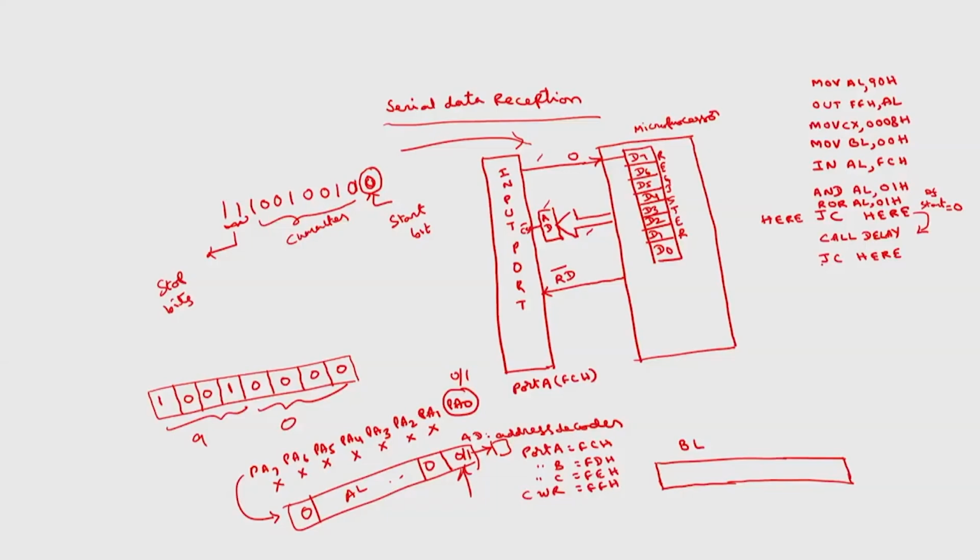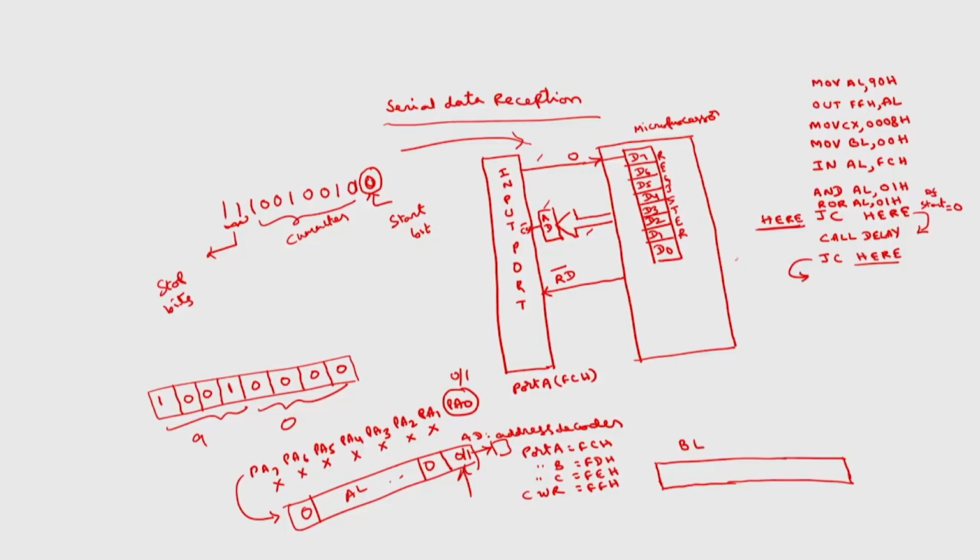If it is not 0, jump on carry; if this is true, meaning 1, it is not a valid character, so I will wait here itself. Until a 0 is available for 0.83 milliseconds, till that time I will wait. Once it comes out of this loop, it means the first bit is 0 and it is of duration 0.83 milliseconds.